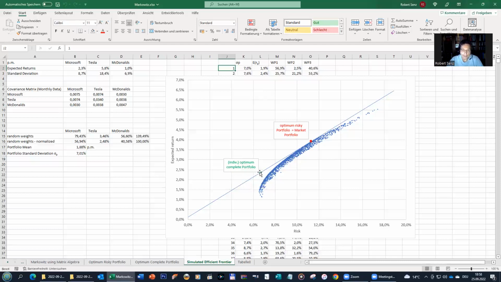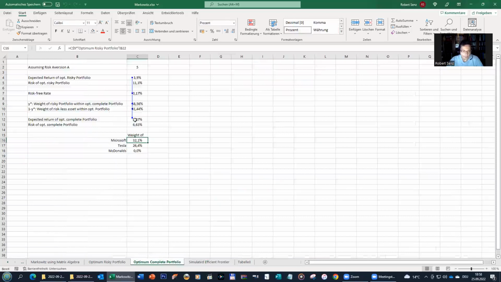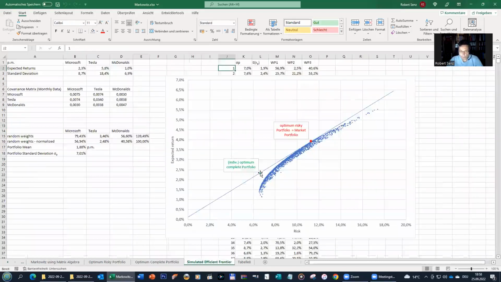As we calculated in this sheet here, we have 2.3%, close to 2.4% return, 6.6% risk, so it would be this point here. And obviously, if you add a riskless asset to a risky asset, it makes a lot of sense risk-wise, because this portfolio is much more risk efficient than these portfolios are.